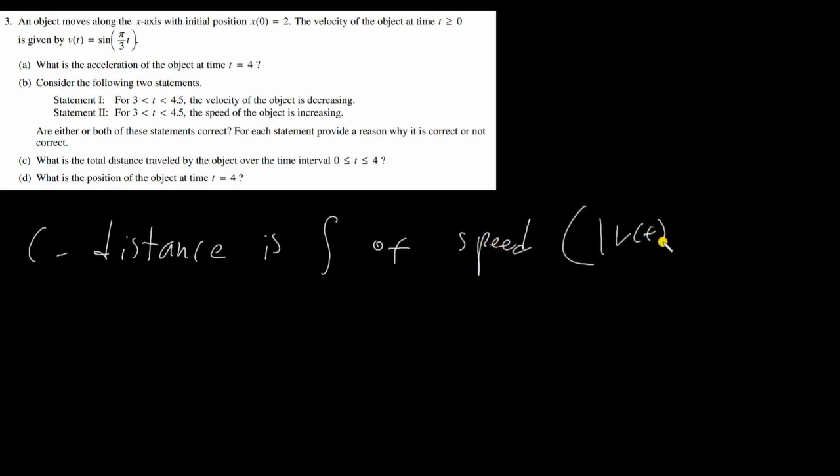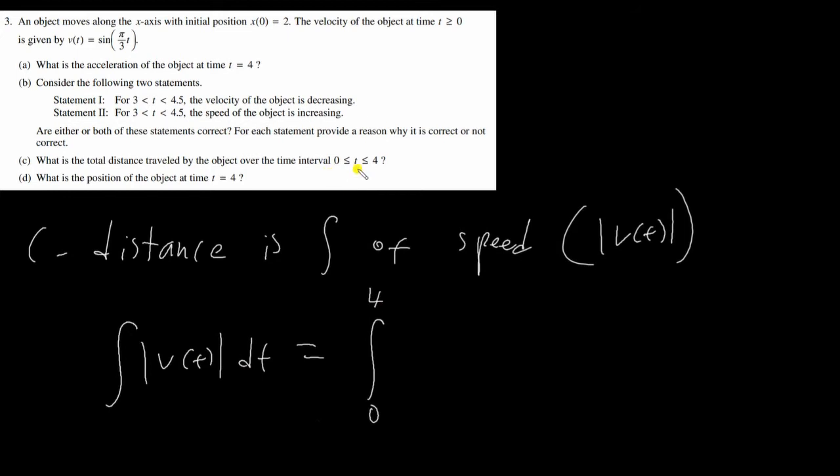So, since the distance is the integral of the speed, which is the absolute value of the velocity, I'll say that the distance is the integral of the absolute value of the velocity with respect to time, which is the integral from, well, what are our bounds here? We're going from 0 to 4, right? It says there.